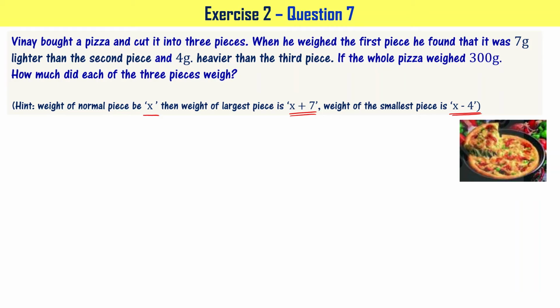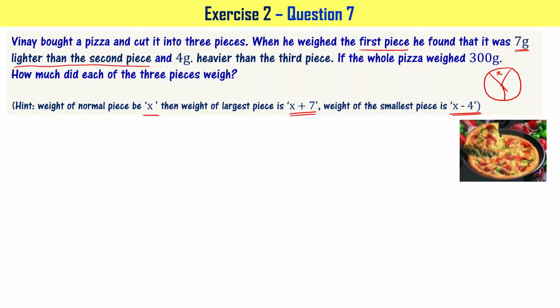As you see here, you have a pizza and you cut it into 3 parts, right? Something like this. You have one piece, let me say that its weight is x, right? Now look at this. The first piece was 7 grams lighter than the second piece.